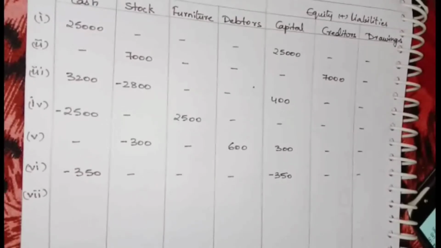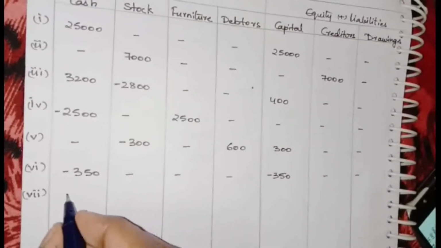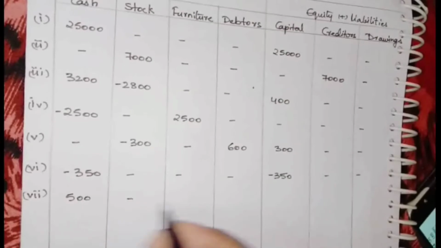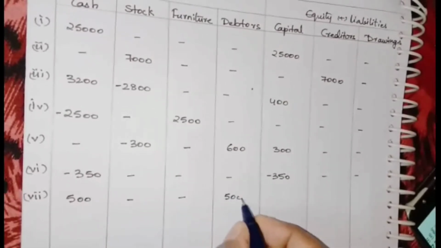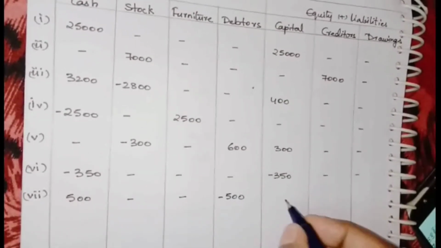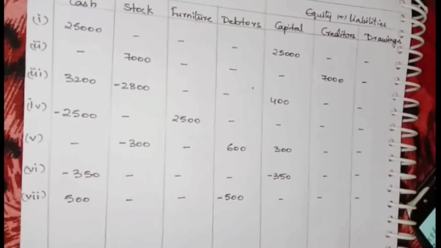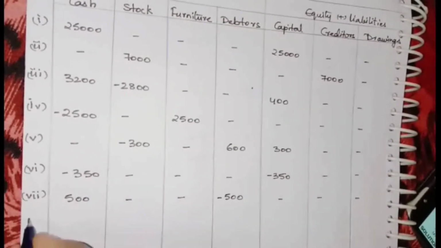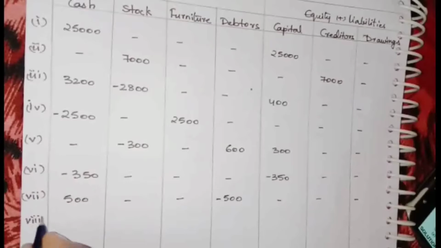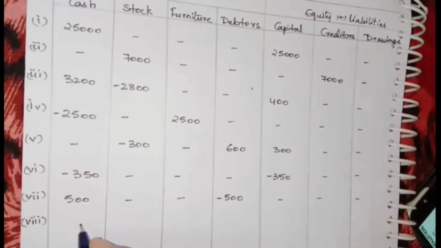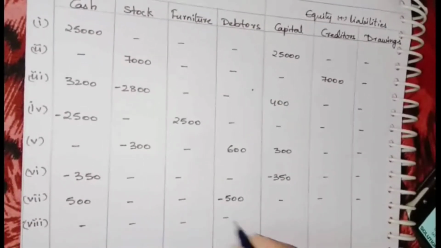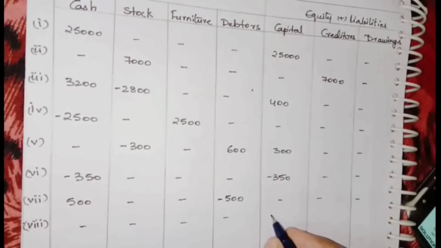Seventh, received cash from Rajesh. Rajesh is a debtor, so we are receiving cash 500 and the debtor balance gets reduced by 500, since we are receiving the cash from Rajesh, who is the debtor in the previous transaction. Withdrew cash for private use. It is drawings, right?